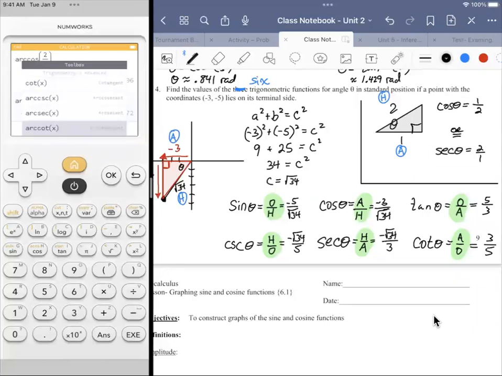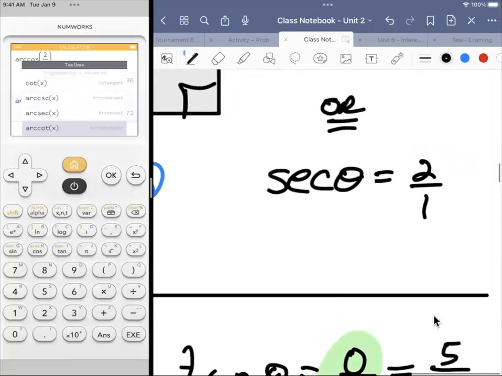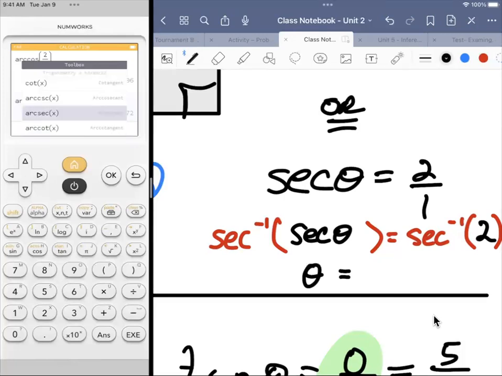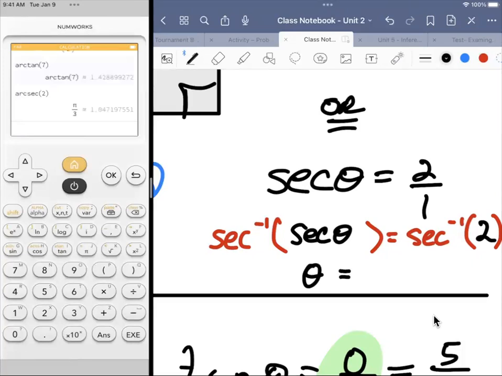So if I wanted to find theta here, I would take the inverse secant of both sides. That would be the inverse secant of secant and the inverse secant of 2. On the left, it would become theta. On the right, it would become whatever the calculator says it's going to become. So I grab the arc secant function and pop in a 2. And it tells me that my answer is pi over 3.